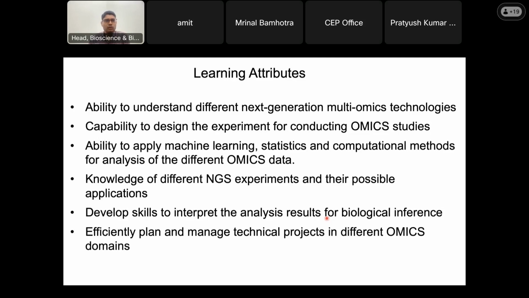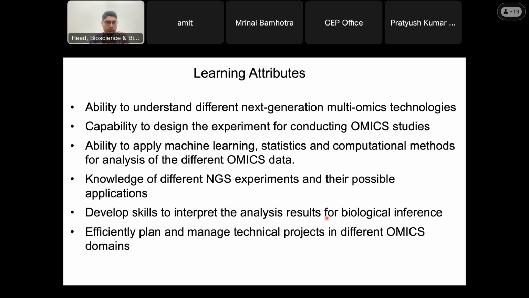After going through the program, you will be able to understand different next-generation multi-omics technologies, and you will be able to design experiments for conducting omics studies and apply machine learning, statistics, and computational methods for basic to advanced analysis of different omics data sets.